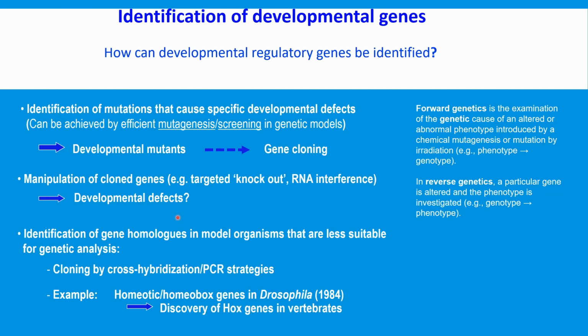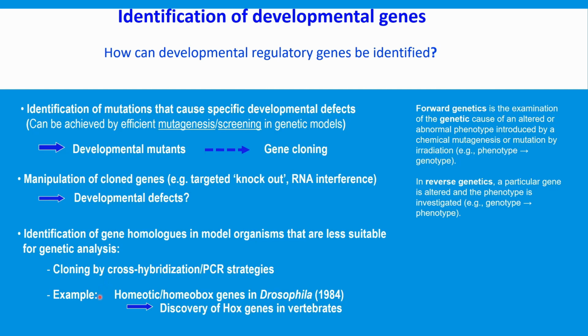The whole genome sequence of these animals is not available, but we can look for similar genes by using techniques such as cross hybridization or PCR strategies, which depend on the fact that DNA will bind to DNA, and the tightest binding will be to fully complementary, or RNA will bind to DNA, and the more complementary, the tighter the binding. But even if you have some mismatches, of course the more distant the animal, the less likely they will have conservation on the nucleotide level. But there will still be some, and this approach has been used in the past.